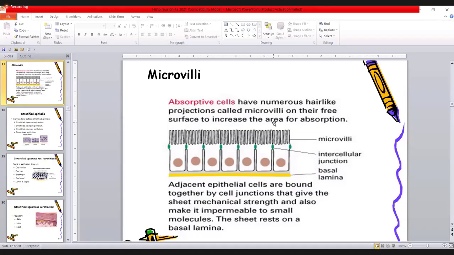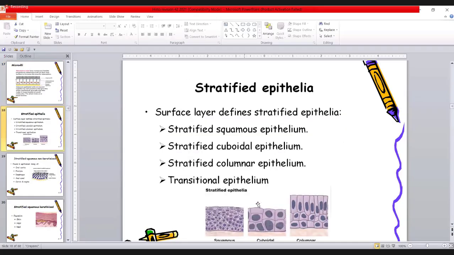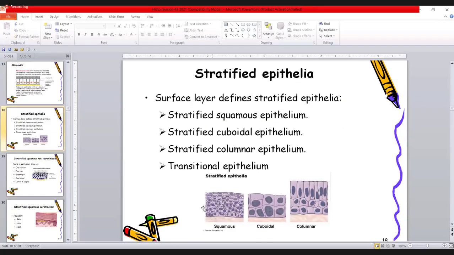do you name these epithelia? If you take stratified squamous epithelium, there's a basement membrane and more than one cell layer. Look at this picture. There's a basement membrane and several cell layers.